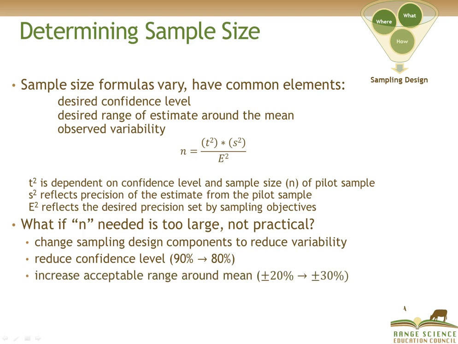Finally, we could increase the acceptable range around the mean. For example, instead of being within 20% of the mean estimate, if we expanded that to be 30%, that would increase the e-squared value, and that would also decrease the sample size required.